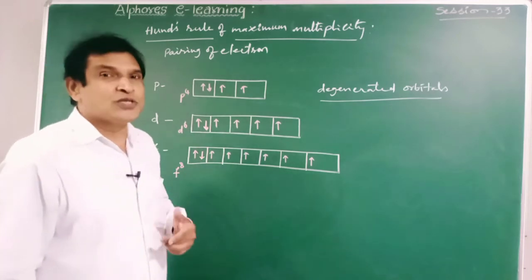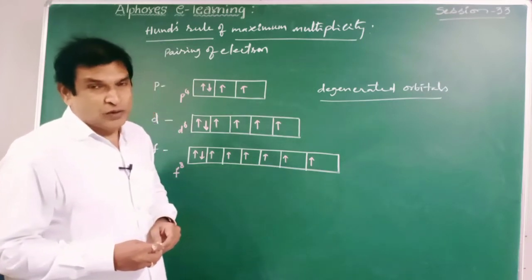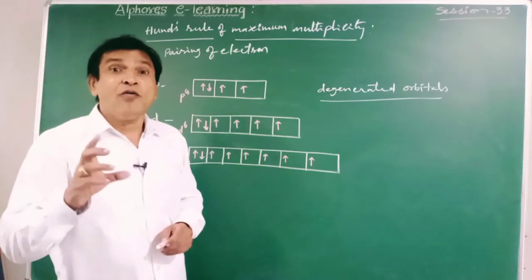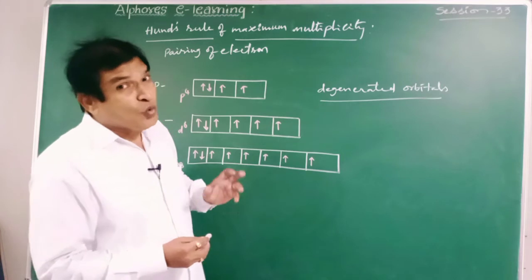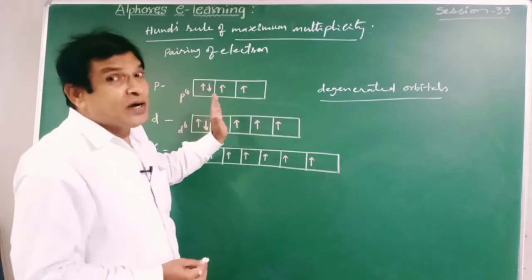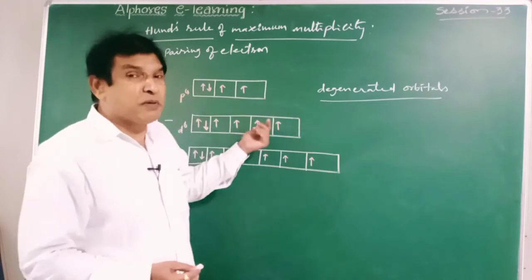Last, once again, the statement of Hund's rule. It states that pairing of electrons takes place only after all the degenerate orbitals are filled with 1 electron each of parallel spin.